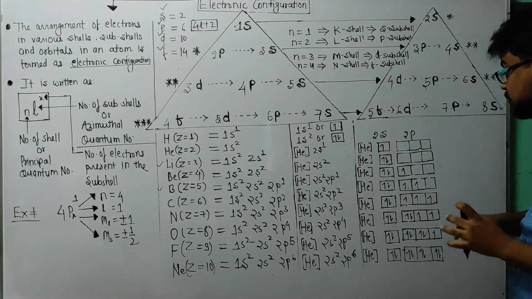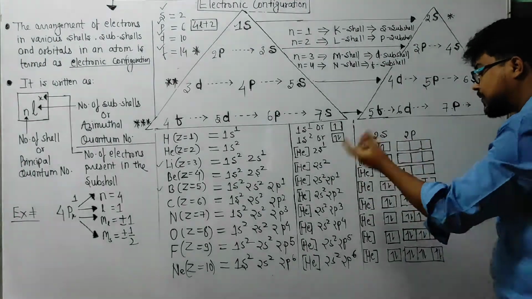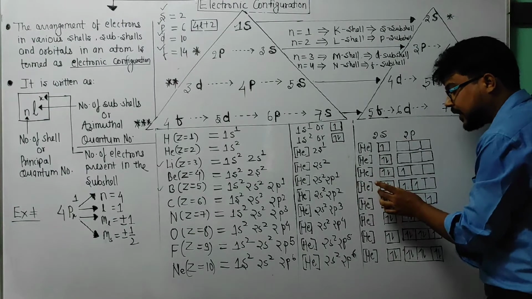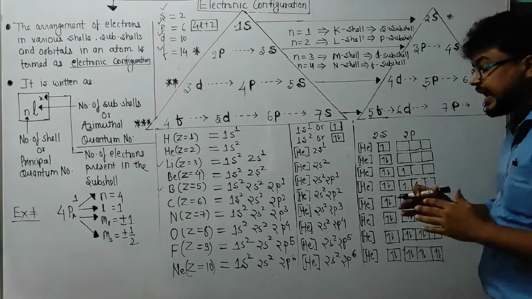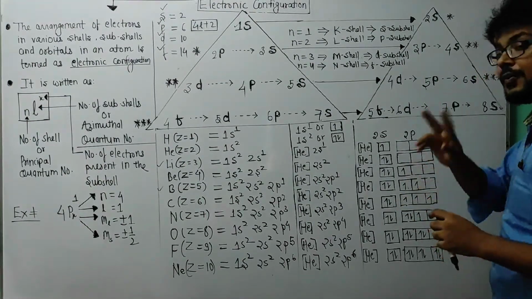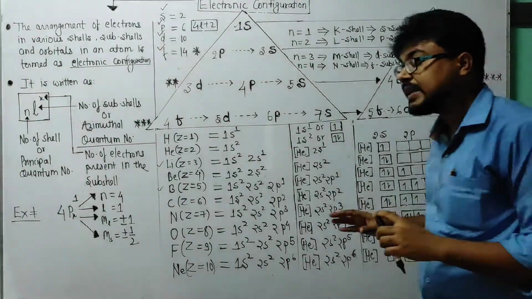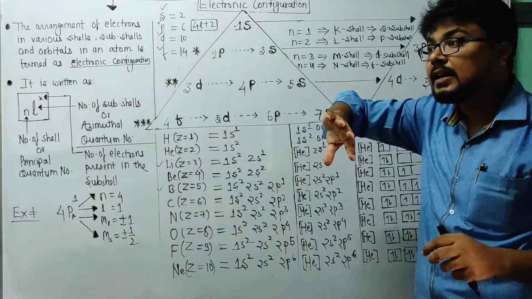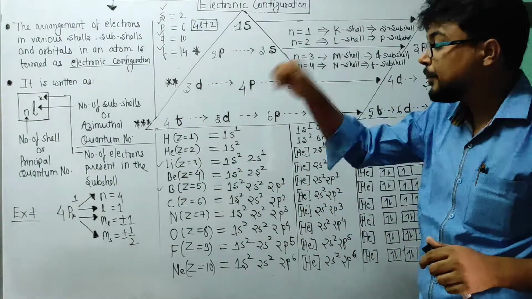As per Hund's rule, I will not write the 2p electrons in pair form. I will fill one electron in each orbital, so that after the half filling of each orbital I can go for pairing of electrons.